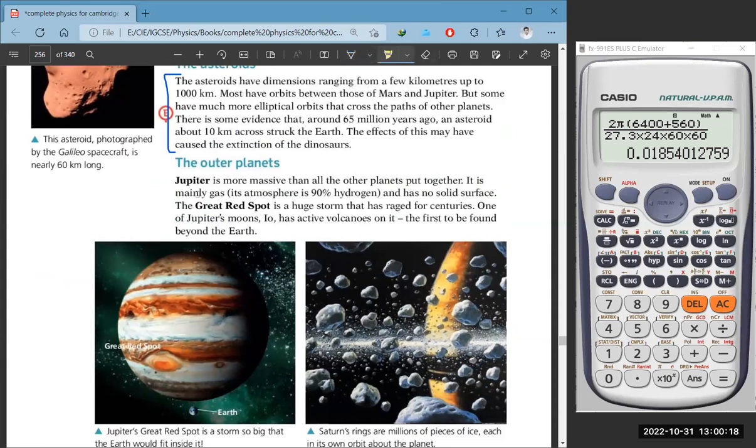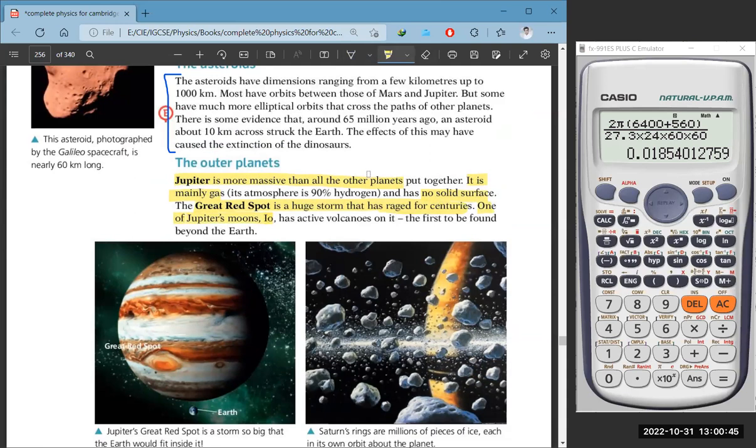Hey, read the highlighted part. Ayan, read.